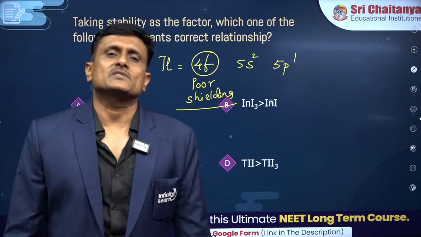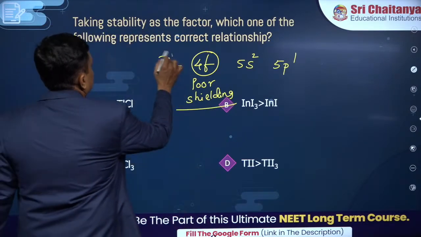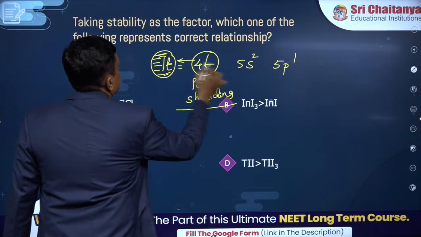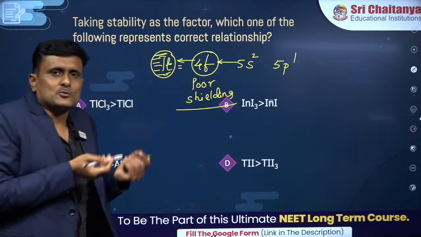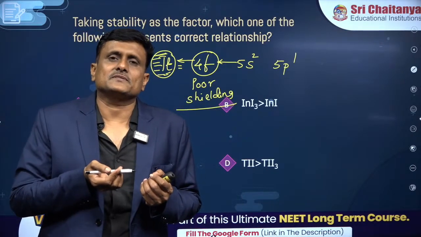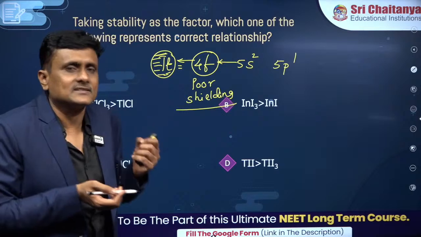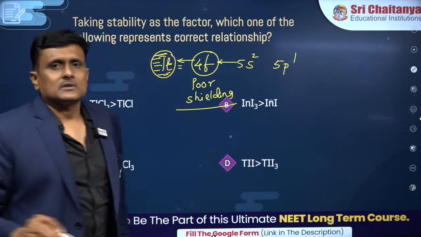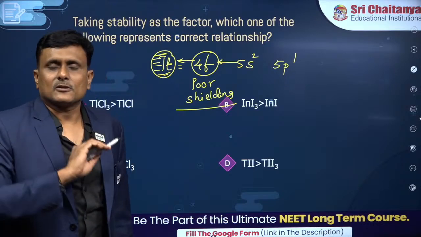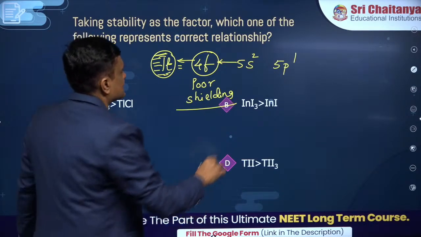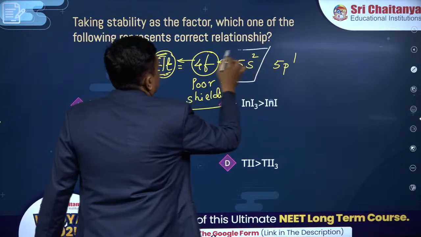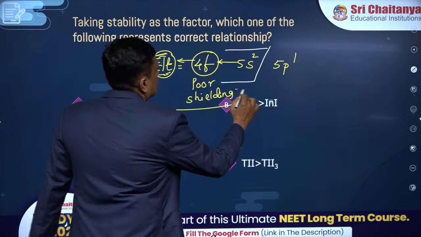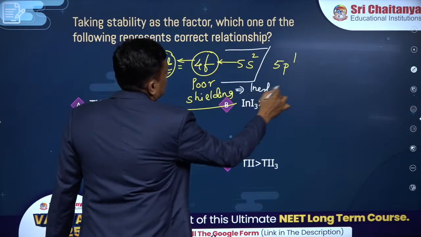Because of that poor shielding, the nucleus of thallium will hold these two electrons very closely to itself, very tightly. So these electrons, even if they want, are not going to participate in the reactions. They are close to the thallium. That's why it's called inert pair. So poor shielding leads to inert pair.